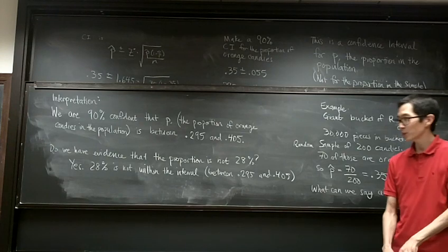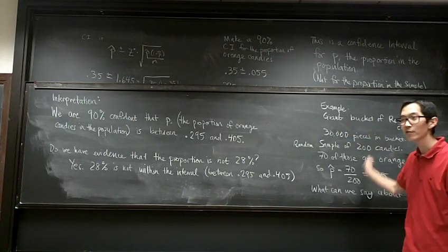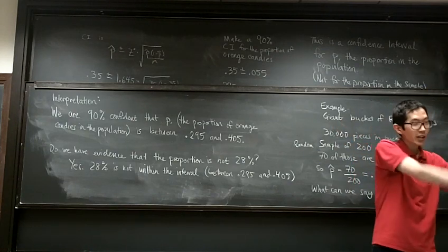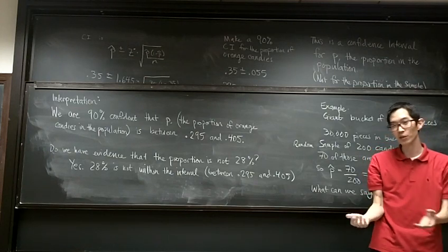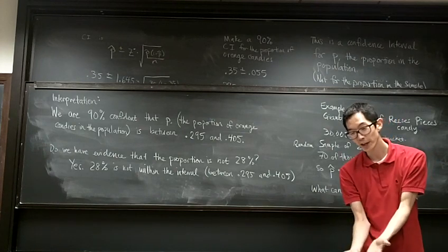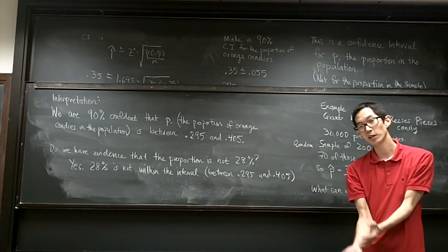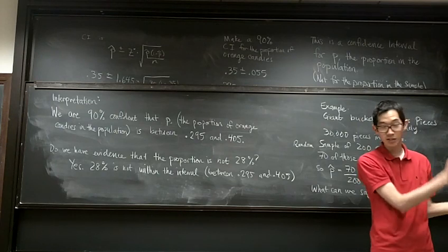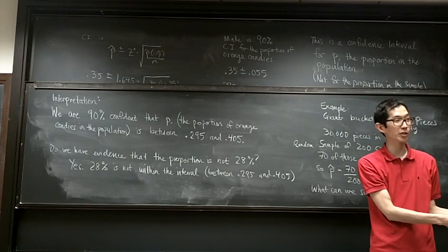So some of you might not be surprised, but according to our confidence interval, even if there's 30,000 pieces of candy in this bucket, if we mixed it up and I took a random sample of 200 and found that 35% of my sample is orange, I would be surprised if the robot counted all the candies and found only 28% of them are orange.